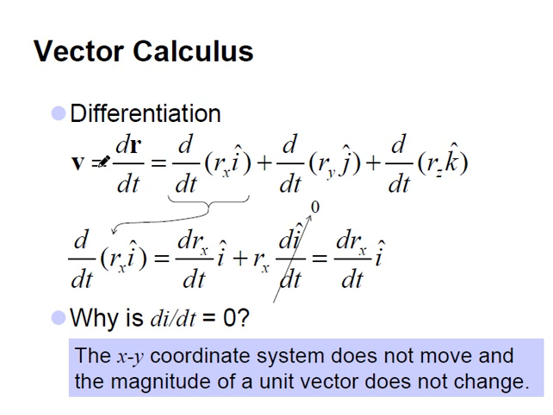When we call it a unit vector, it means there's no specific magnitude of that vector, and we call it just one unit vector. So a unit vector in a fixed coordinate system doesn't really change over time. It doesn't move, and the magnitude of that unit vector doesn't change, and that's the reason why when you differentiate the i part, which is the direction part, you will get 0. So that's what it is talking about.